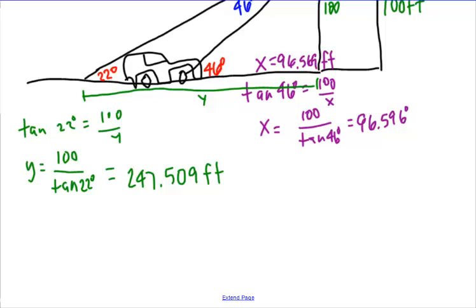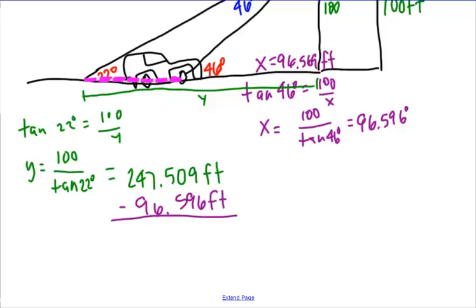Okay. And then to figure out how far the car traveled, which is just this distance right here, I need to take my big number, 247.509, minus my 96.569.